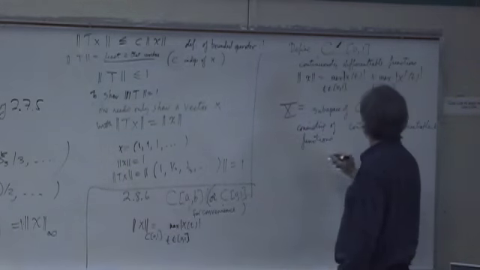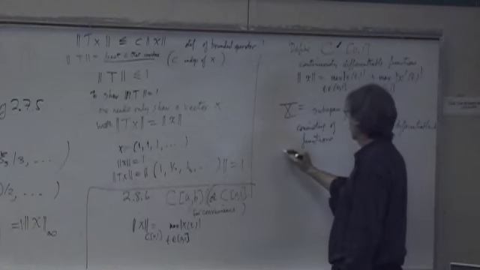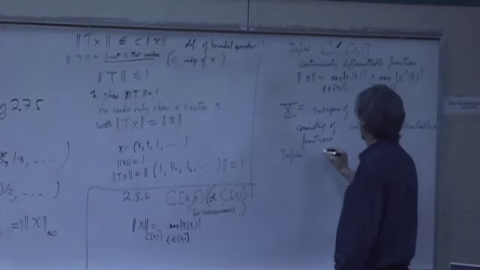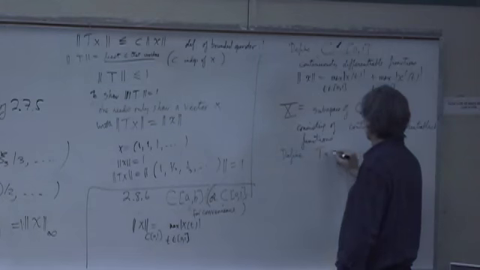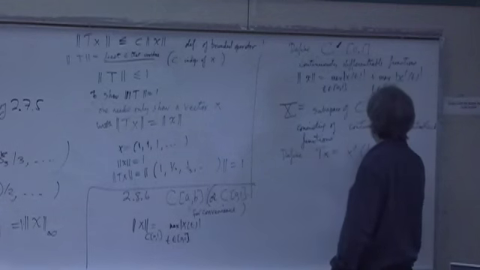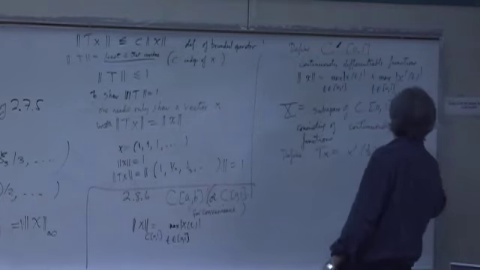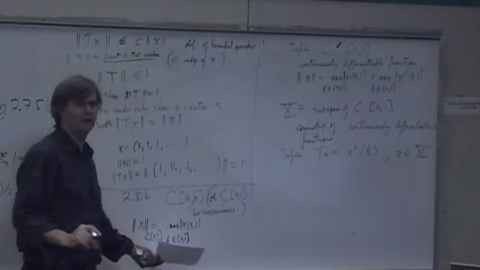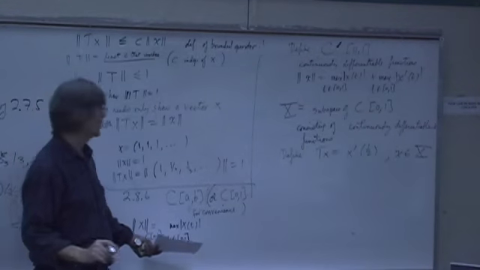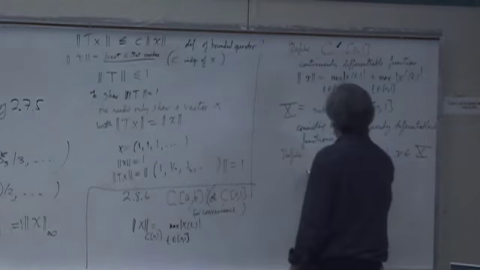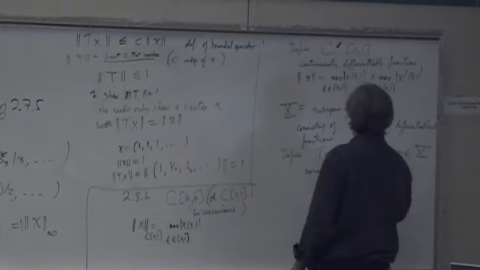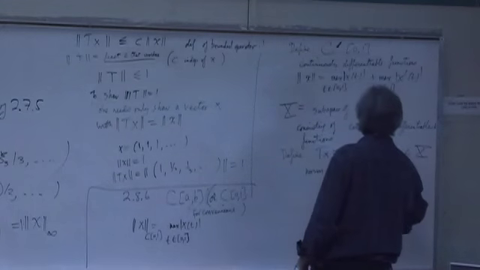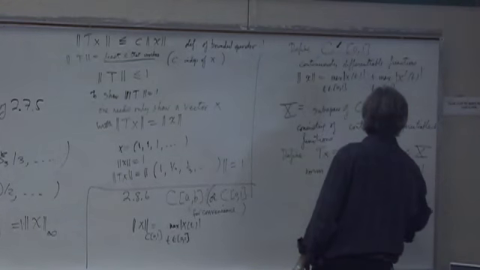Define Tx equals x'(1/2) for x belonging to X. X is itself now a normed space. The norm, though, is this norm. It's just the max norm. The norm on X is ||x|| equals the maximum of |x(t)|, t in [0,1].